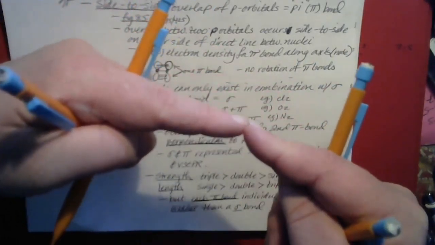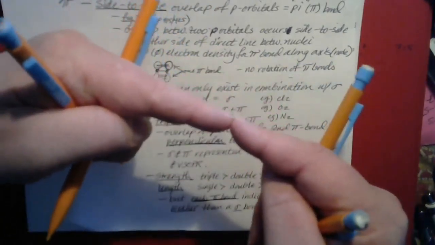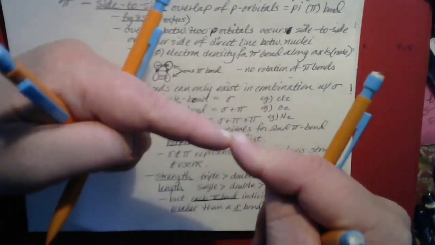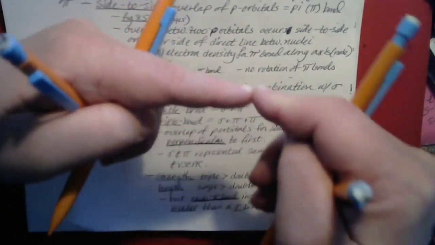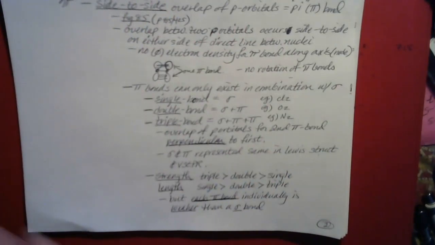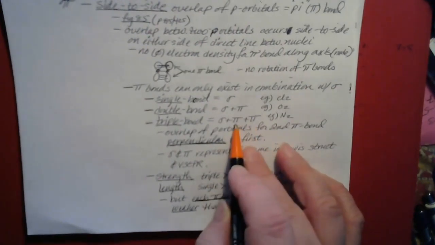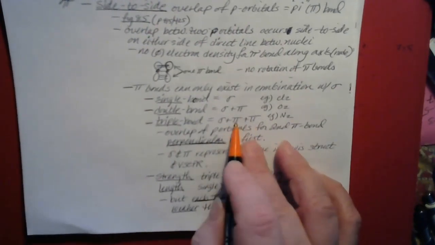You also have perpendicular p orbitals in that other atom. So now you've got a situation where you could have 2 pi bonds. You could have a pi bond between the p orbitals that are horizontal, and a pi bond between the p orbitals that are vertical. That would be a sigma bond, which is this, and 2 pi bonds, and that would be a triple bond. The pi bond that makes it a triple bond is perpendicular to the pi bond that makes it a double bond.